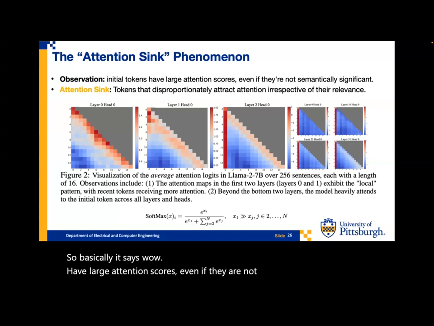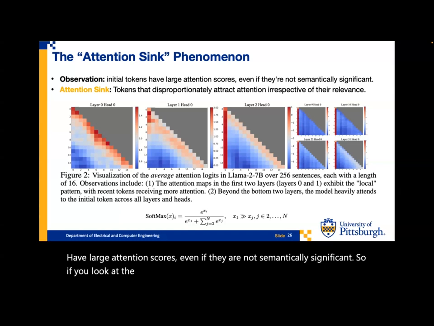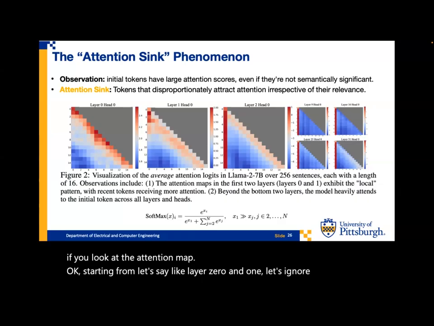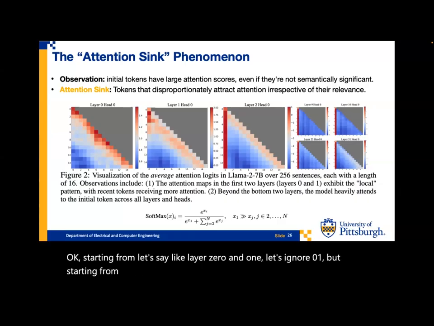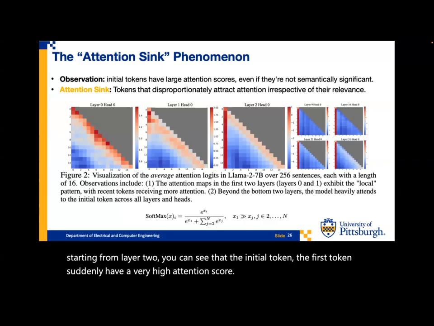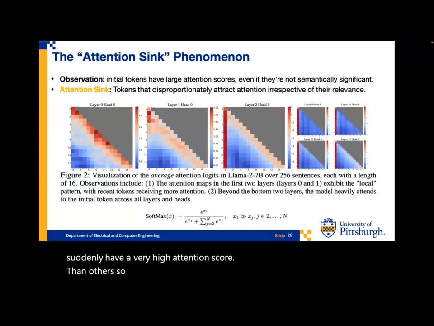If you look at the attention map, starting from layer 2, ignoring layers 0 and 1, you can see that the initial token, the first token, suddenly has a very high attention score compared to others. The same goes for layers 9, 16, 23, and 31. The first token always has a very high attention score.